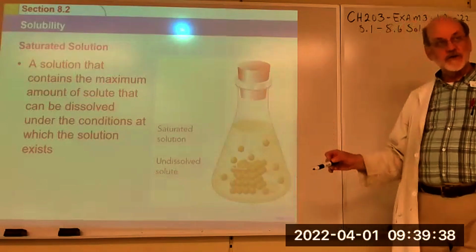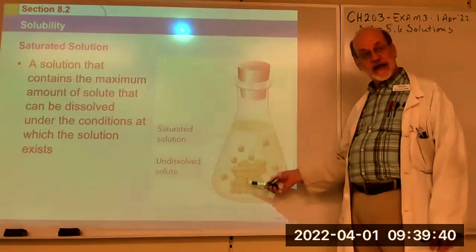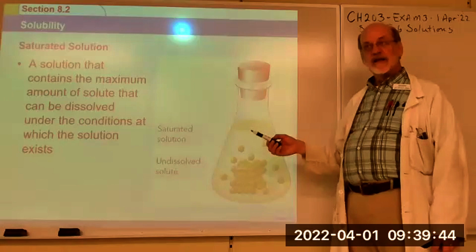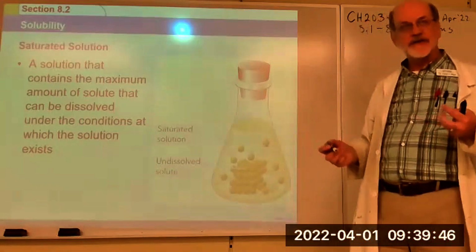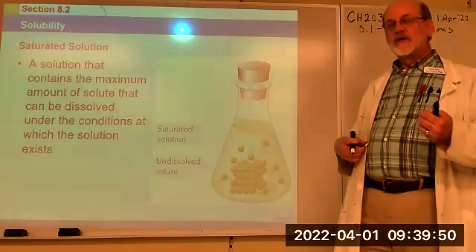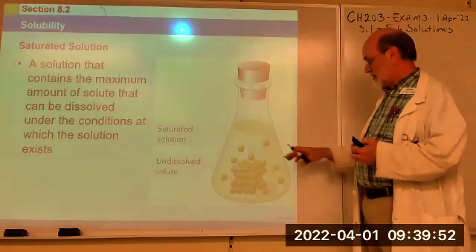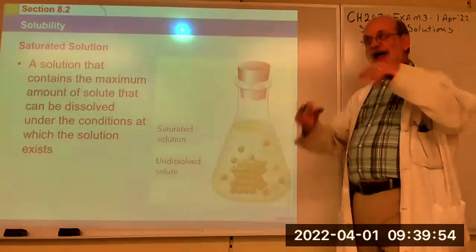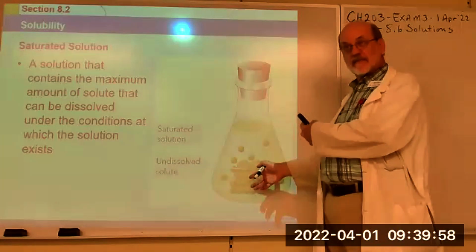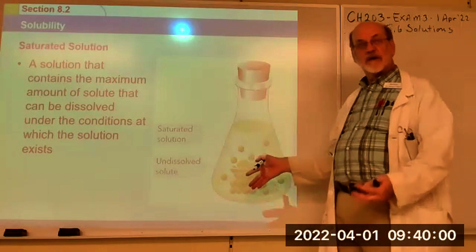In a saturated solution, if you have some of this solid left over in that solution, then what's happening at the interface between the solid and the solution? What you're seeing is, well, macroscopically, you're seeing nothing. It looks like it just sits there and doesn't change.